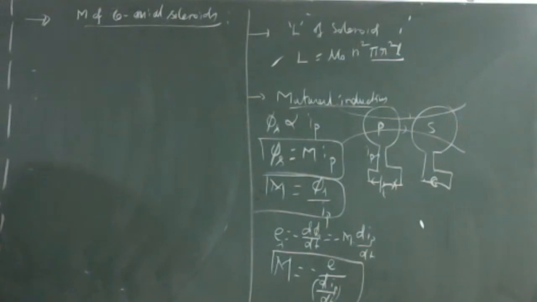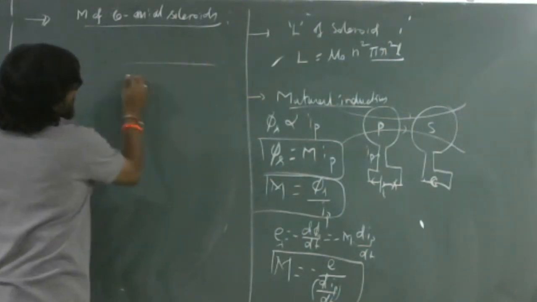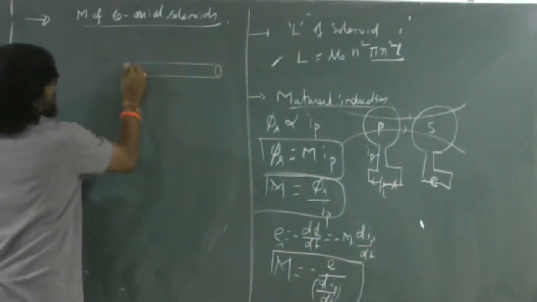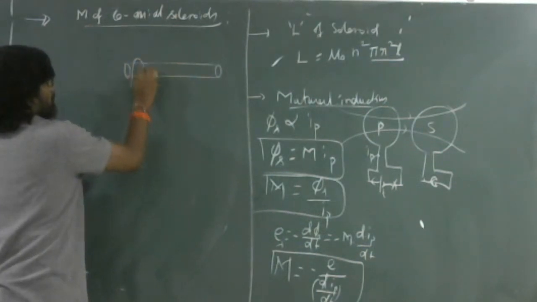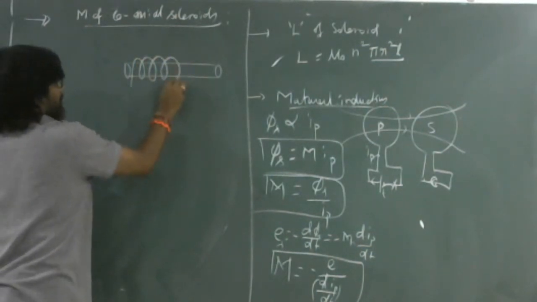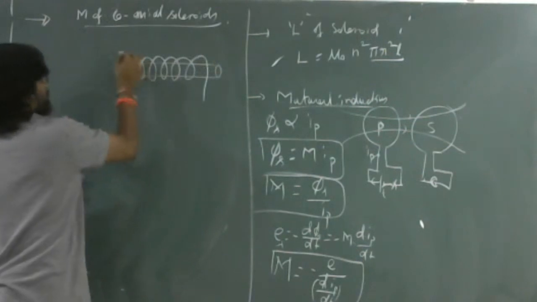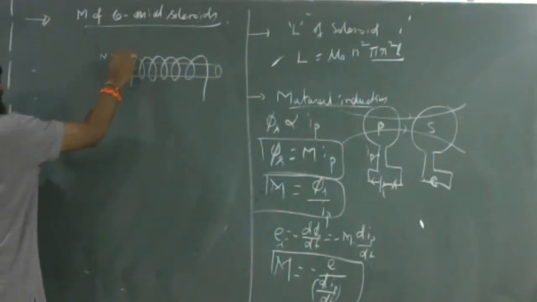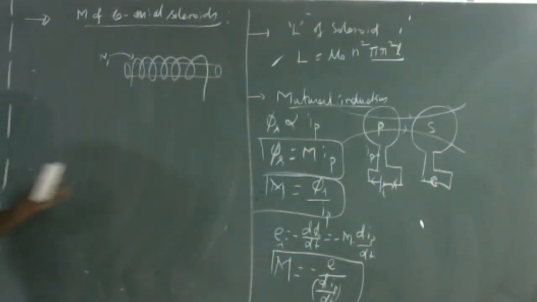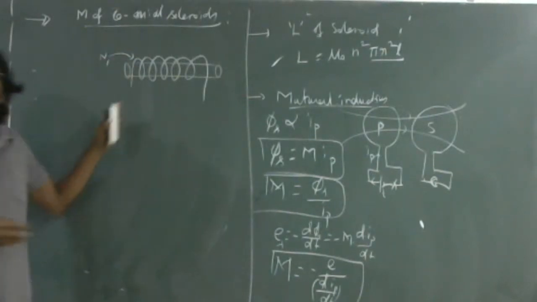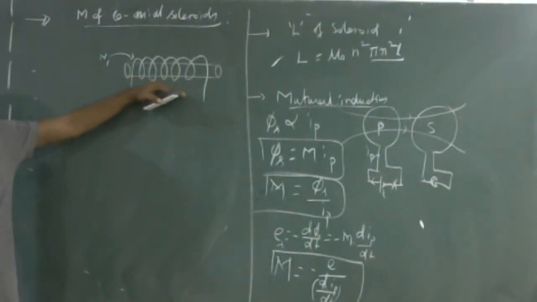So if you have a core, and on this we wind a coil, or we call it a solenoid, of N1 number of turns. We call this solenoid S1.